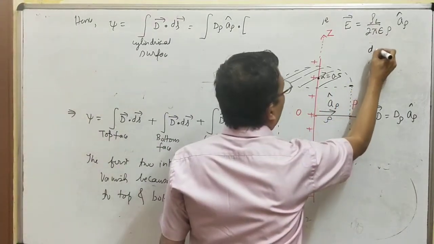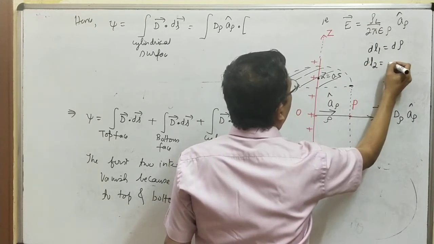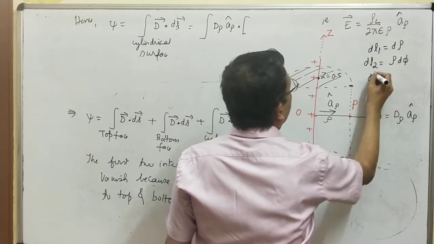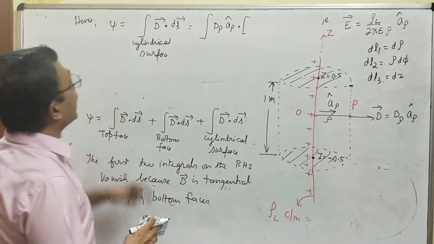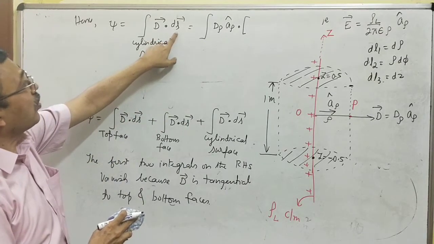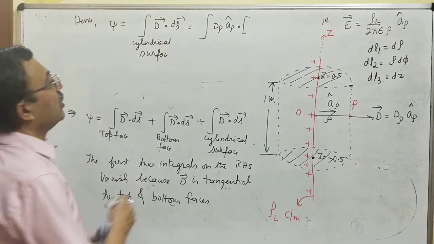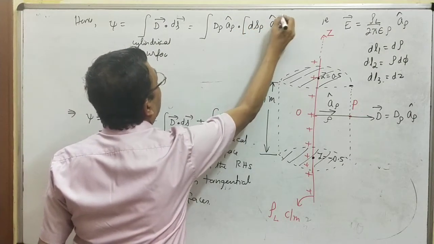For a cylindrical coordinate system, dl1 is d rho, dl2 is equal to rho into d phi, dl3 is equal to dz. So vector D contains unit vector a rho cap. Therefore, vector dS also should contain unit vector a rho cap.